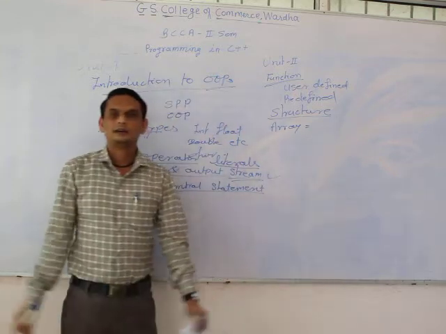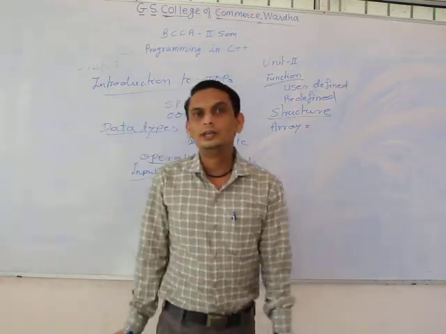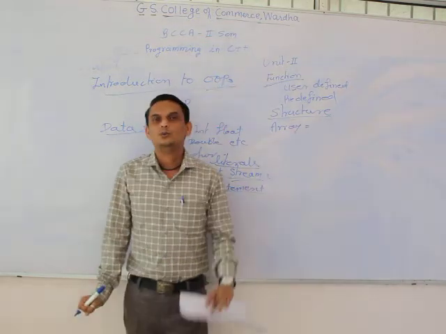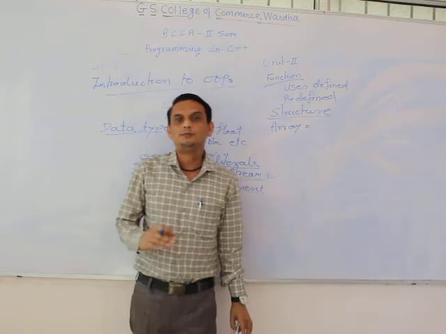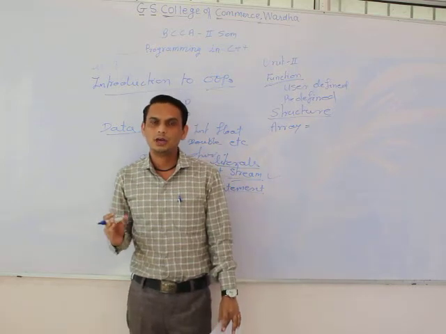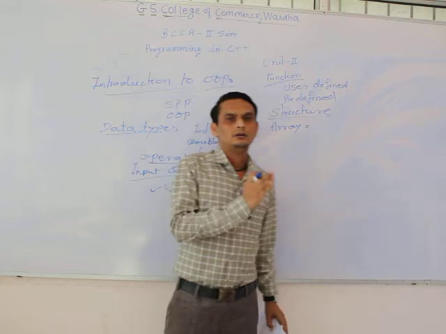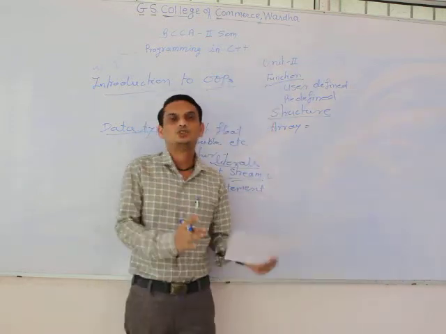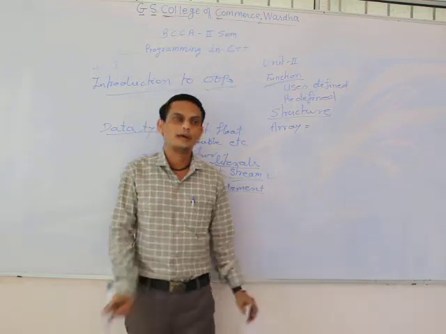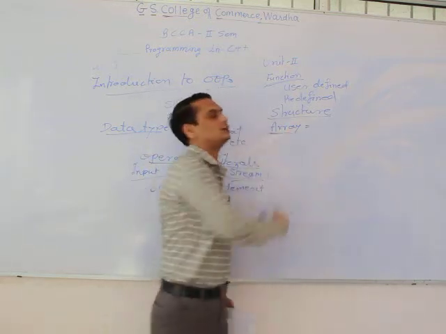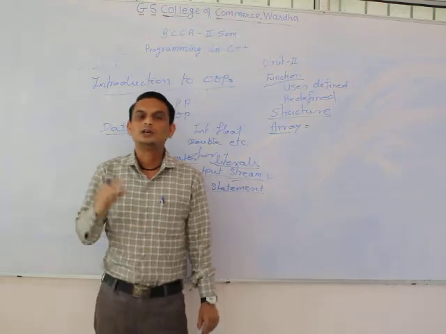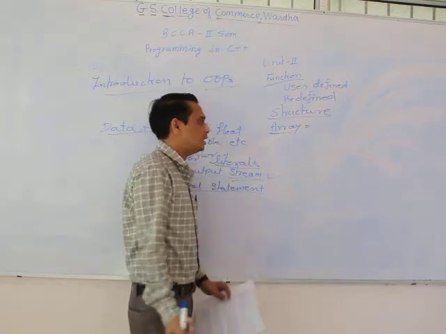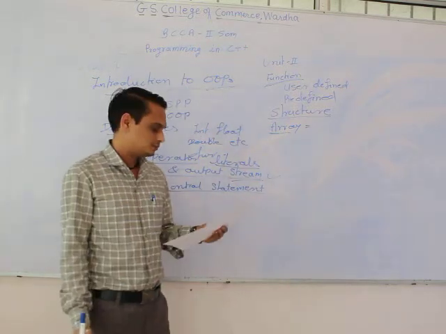We already know that a variable can store only a value at a time, but by using an array we can assign the same type of values into a variable using their index number, and that bunch of values is called an array. So how we can define an array, how we can control the array using the pointer with the structures, can be explained in unit second.